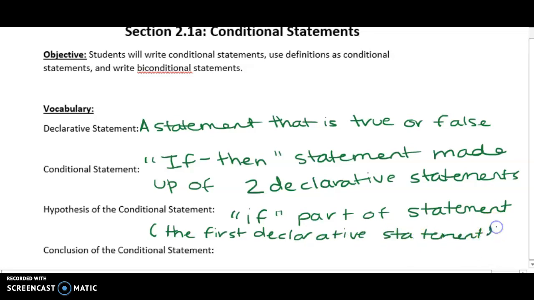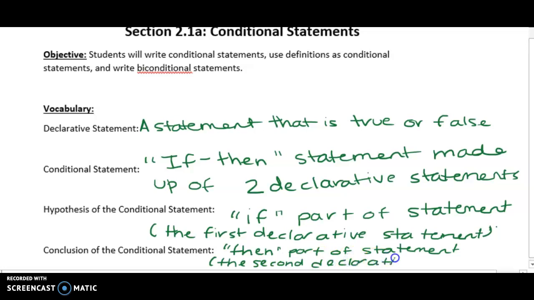It'll make a little more sense. Okay, and now the conclusion is the then part of the statement. And I'm going to put in parentheses the second declarative statement.